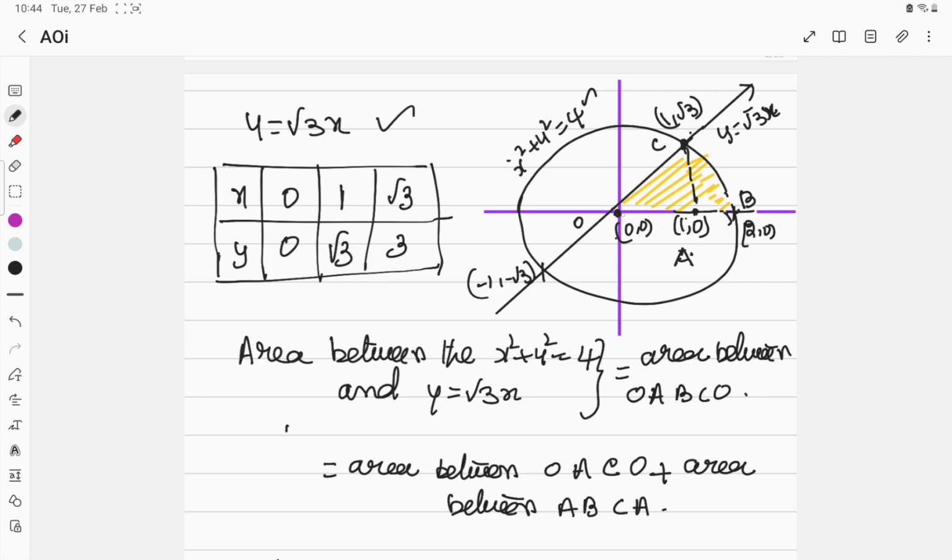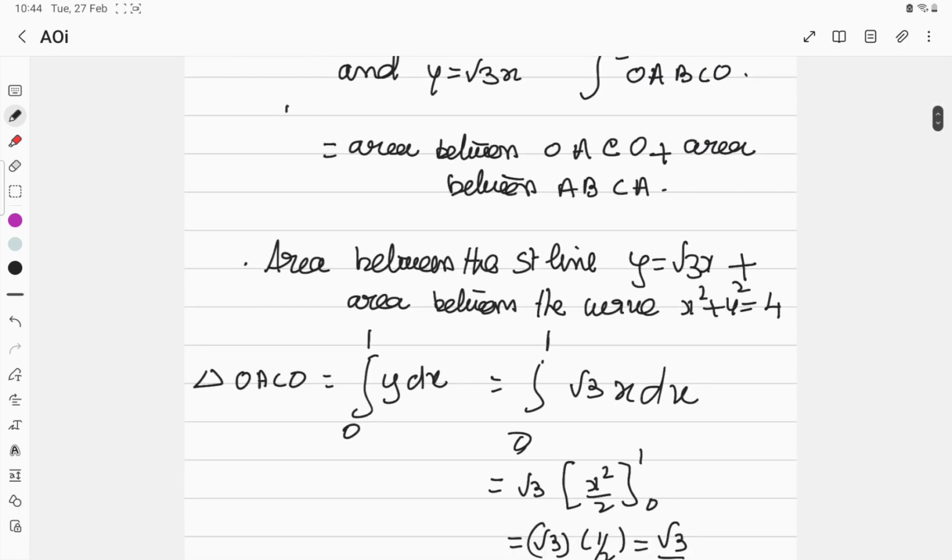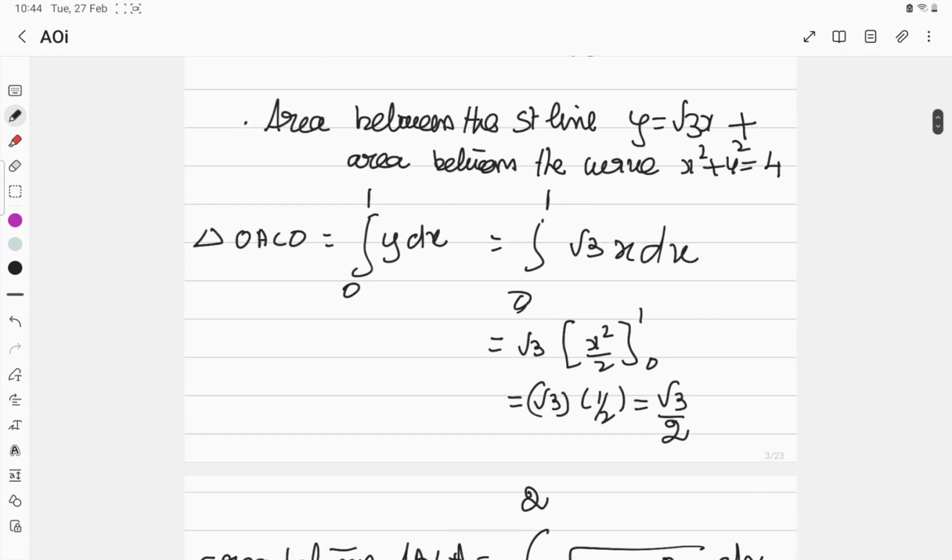So area between OACO is a straight line, and from 1 to 2 it is a curve. So we use y is equal to root 3x, plus area between the curve x square plus y square is equal to 4. So area between the straight line from 0 to 1 of root 3x dx.